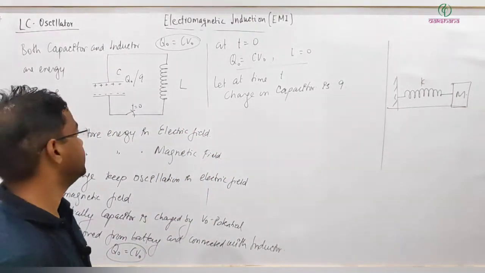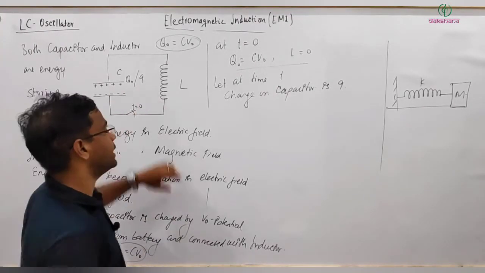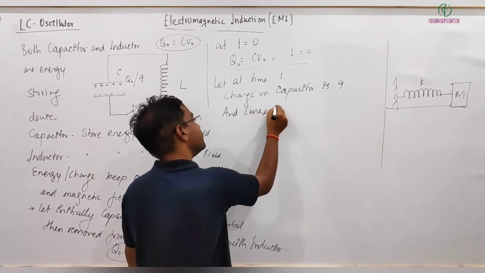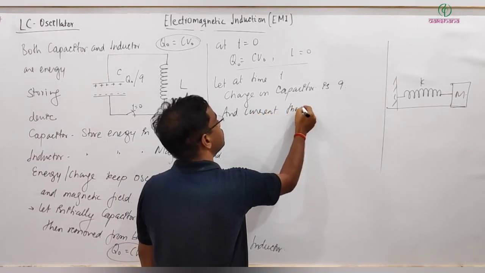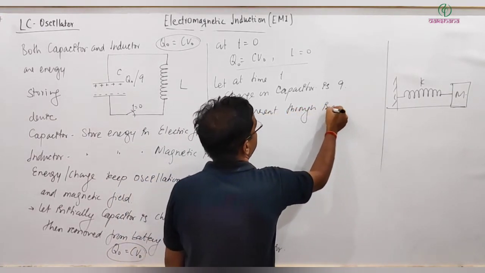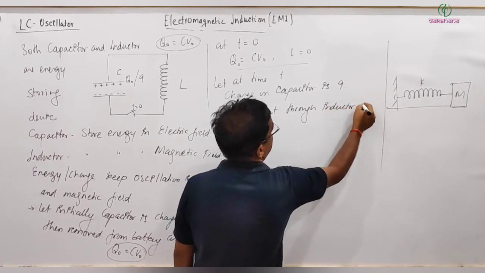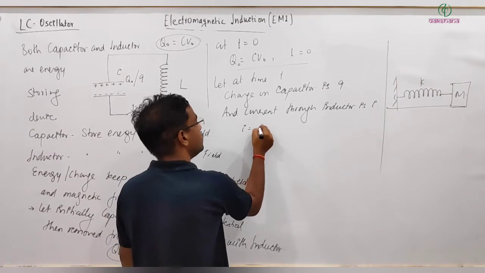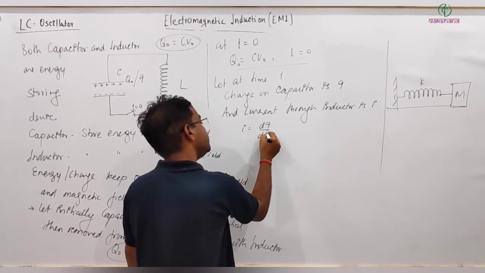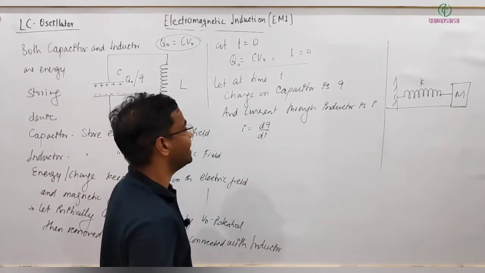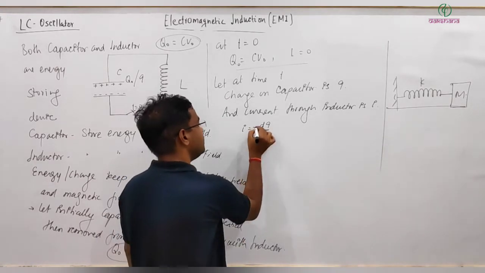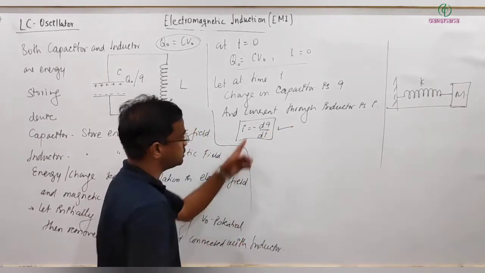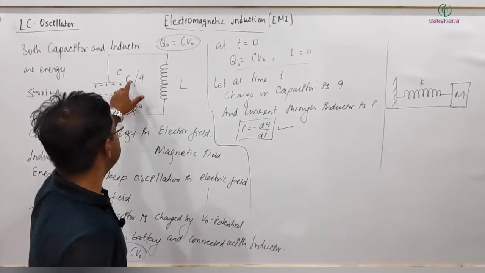And the current through the inductor is I, and I can write I is equal to minus dq by dt, because Q is decreasing, initially it was Q0. I hope you understand.